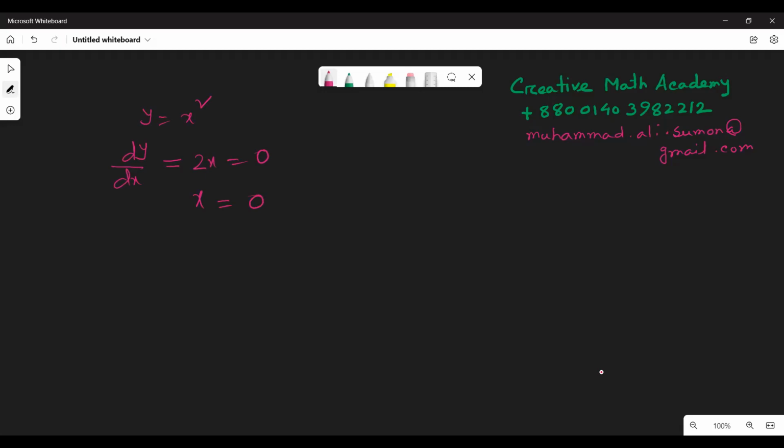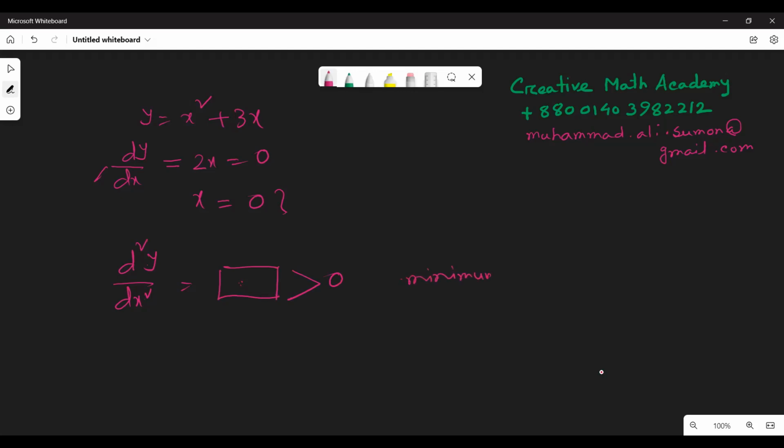Then we differentiate again to get d square y by dx square. If we put the x value here and get a positive value, then the turning point, or stationary point, will be a minimum.